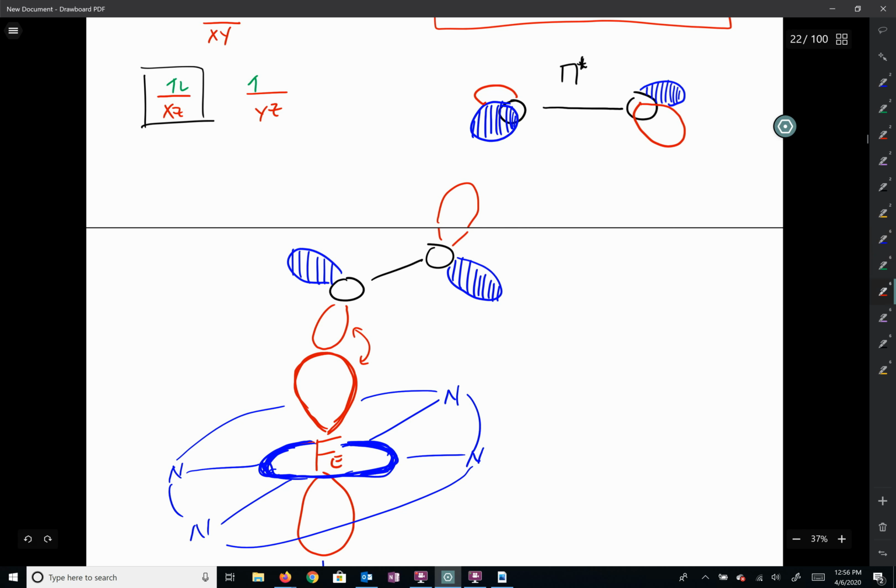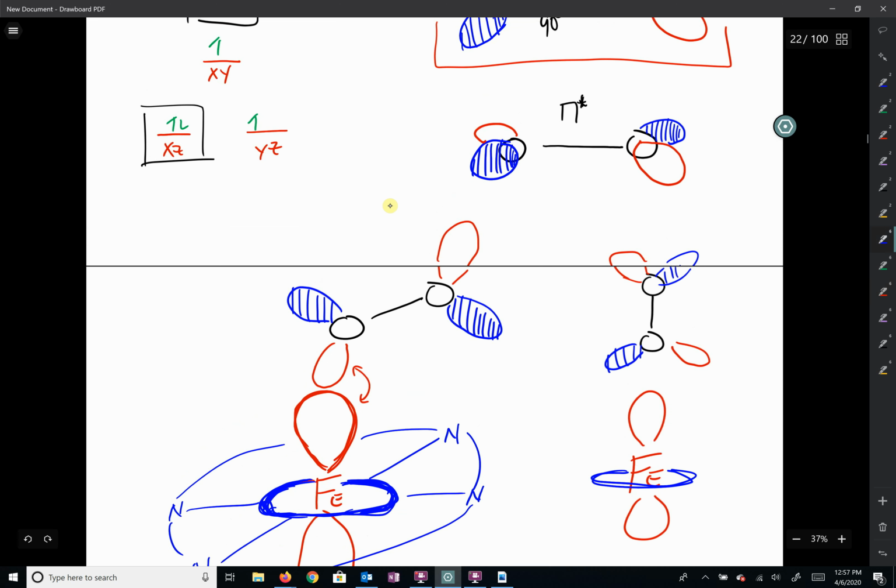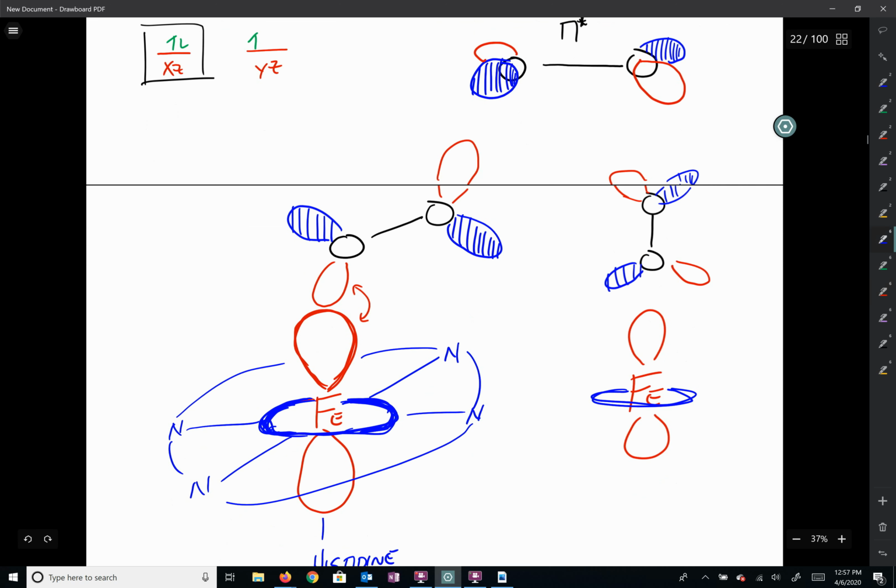As opposed to, if I bring this in a linear fashion, I'm just going to redraw this real quick. If I bring this, whoops, that should be red. If I bring this in a linear fashion, here's my oxygen, red, blue. There's my other oxygen, red, and blue, okay? If I try and bring this on like this, there's no orbital to overlap right here.